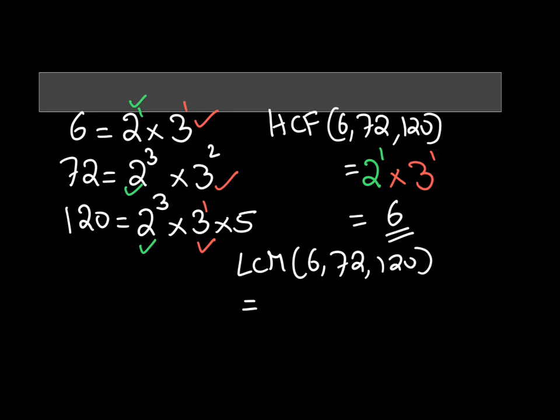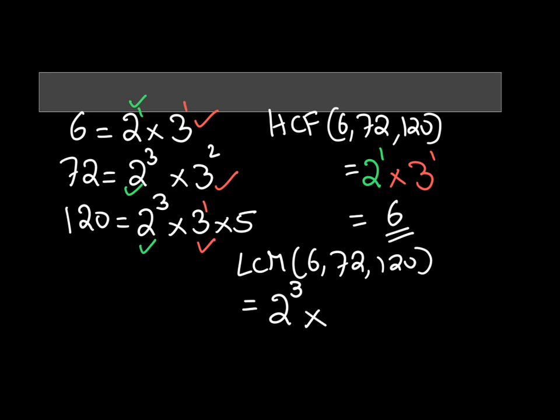In LCM, you pick up the highest powers of all the factors, whether they are common or not. You pick up the greatest powers. Now in the 2's, 2 to the power 1, 2 to the power 3 and 2 to the power 3, the greatest power is 2 to the power 3. So pick that up and write it once.